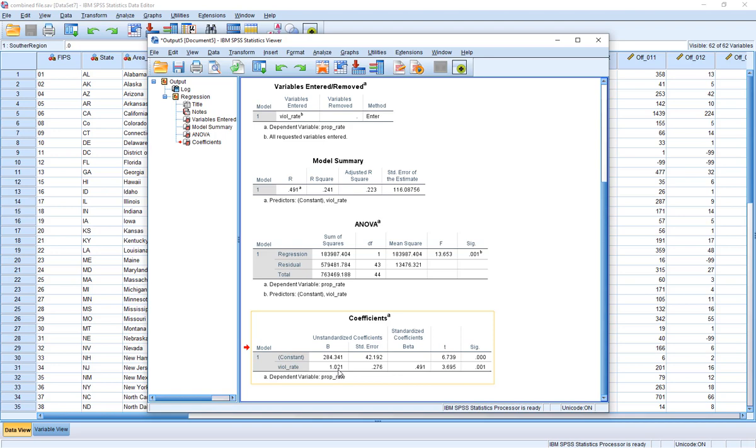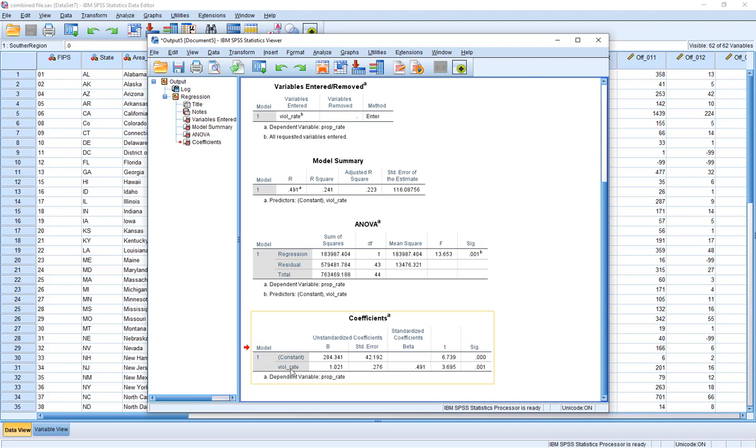Now, more importantly, unlike the correlation where all we could say at the end of it was that there is a weak to moderate or strong relationship between them, we can actually do a unit-to-unit comparison between violent crime and property crime. And the way we interpret it is this.